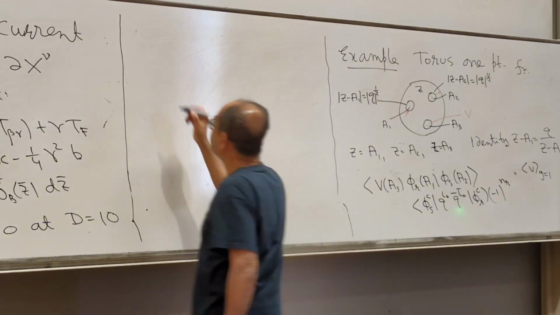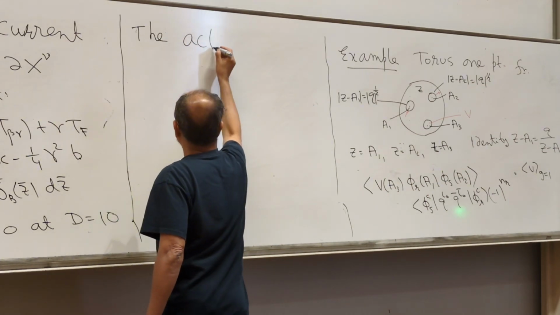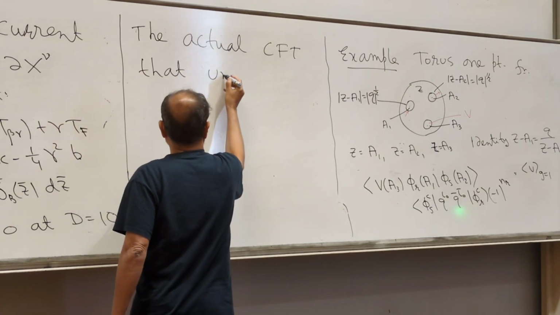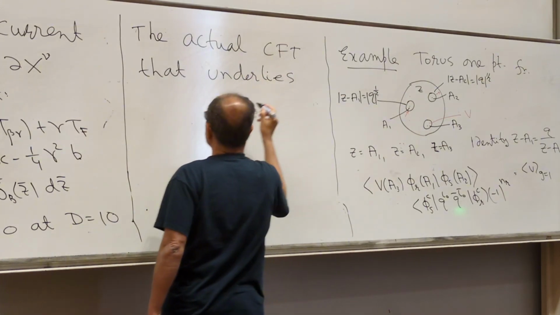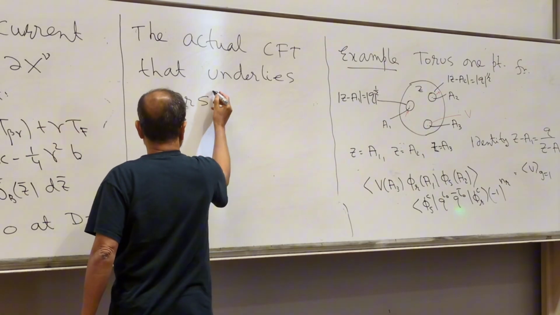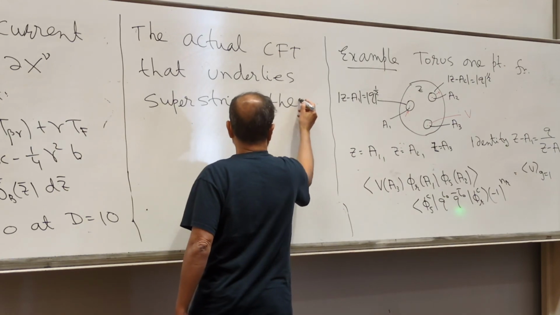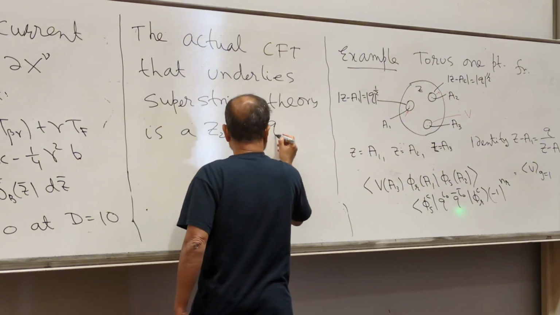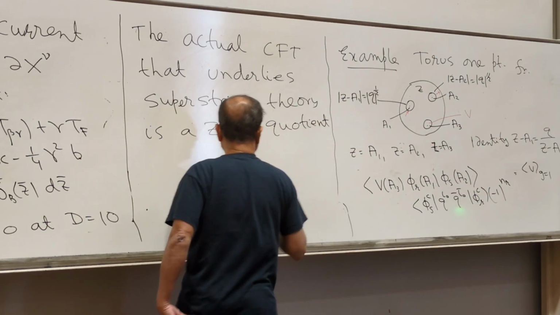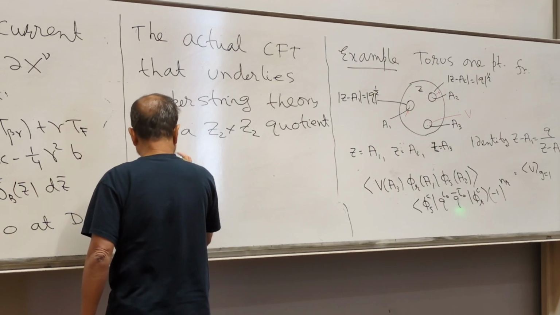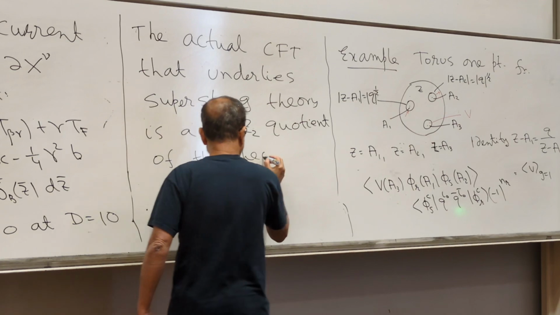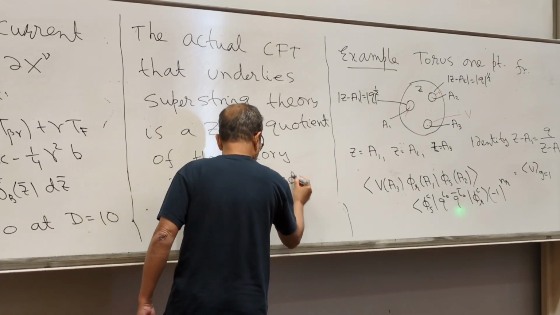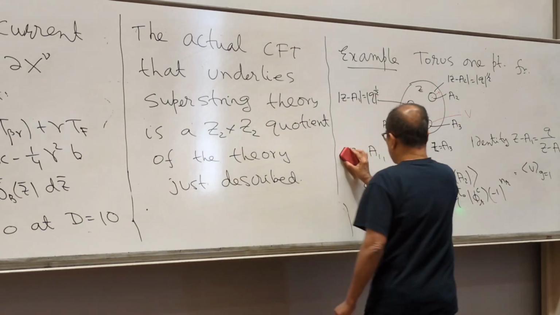Which is that the actual CFT that underlies superstring theory is a quotient of the theory that I already described by a Z2 times Z2 transformation. So let me explain the action of these Z2s.